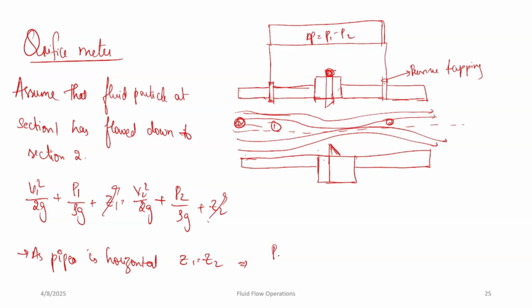So then we'll be left with (P1 minus P2) by rho g equal to (V2 square minus V1 square) by 2g. Okay, so V2 will be equal to square root of 2g h plus V1 square, right?